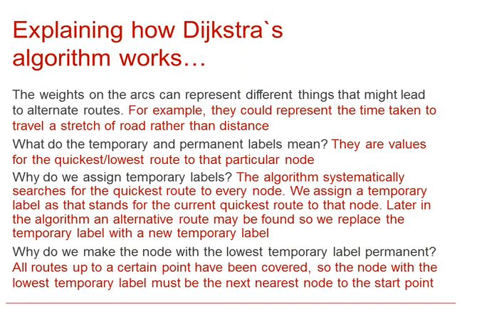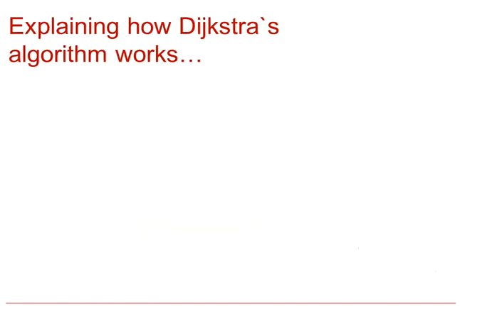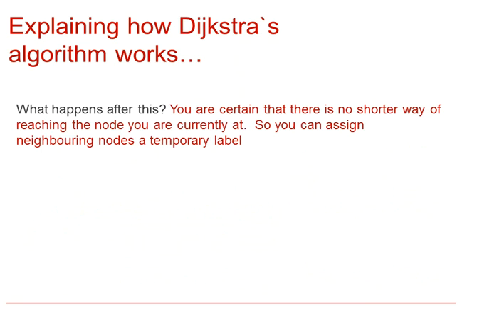So once we've got the node of the lowest temporary label we can find, then we'll make that permanent because we know that we've looked at all the possible routes up to that point. Once we know that there's no shorter way of getting to the node you're currently at, then you can assign the neighbouring nodes a temporary label.